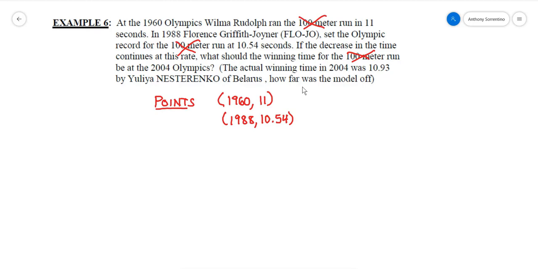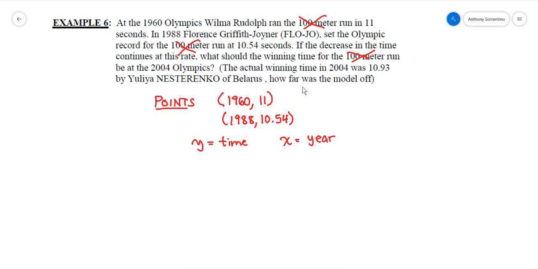Now I could have adjusted this, but this makes it a little easier for me than doing more mental math and figuring, okay, if 1960 was 0, what's 2004 going to be. So I want to use this to come up with an equation where y equals the time the event is run in, and x equals the year. You can make your own variations to this, by all means, but this is how I'm going to go about calculating it.